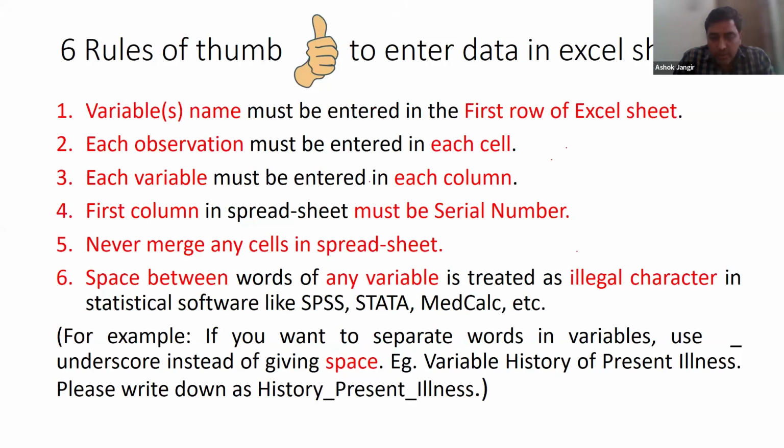For example, if the variable name is history of present illness, please write it as history underscore present underscore illness. Then it is not treated as an illegal character, and we can perform analysis in SPSS, Stata, etc. So please remember these 6 rules.